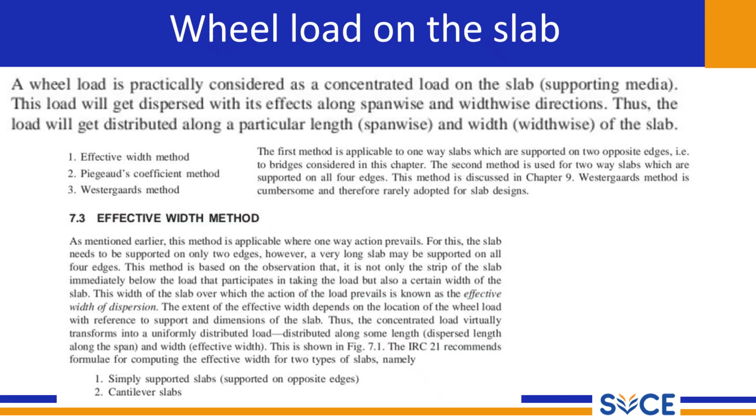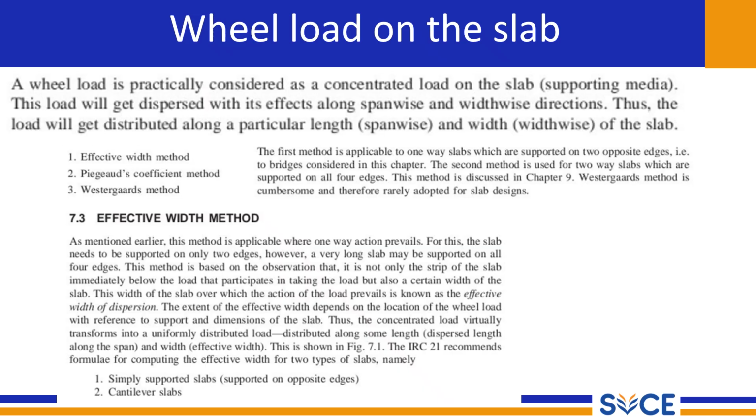A wheel load is practically considered as a concentrated load on the slab. This load will get dispersed along the span-wise and the width-wise direction. So the wheel load is considered to be a point load acting on the slab, but since the wheel has some contact area, the wheel load will have some load dispersion along the lengthwise and the breadthwise, which has to be calculated as per the codal provisions.